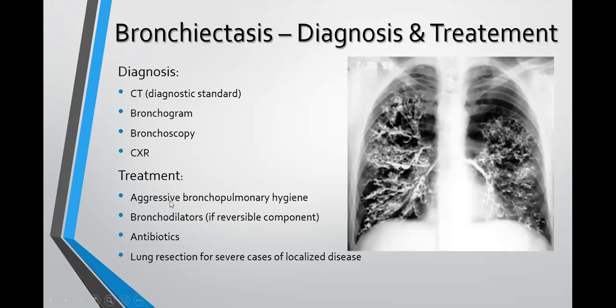Treatment: aggressive pulmonary hygiene, bronchodilators if there's a reversible component, right? If he's having wheezing and stuff like that, you can do bronchodilators to help the wheezing, but you can't fix the bronchiectasis with any medicine, right? Antibiotics, because, we said pus is dead what?